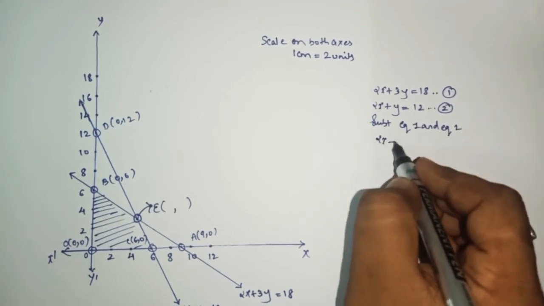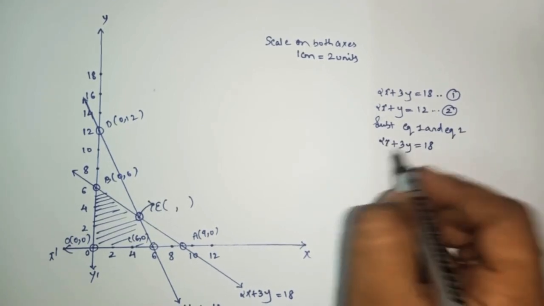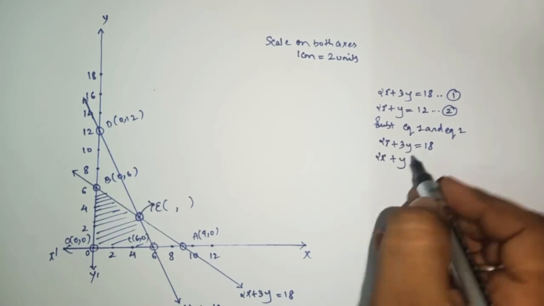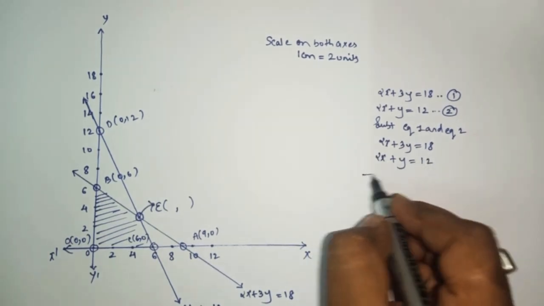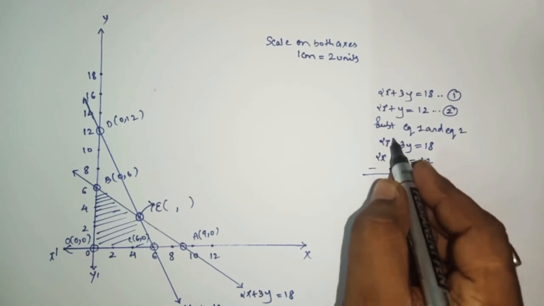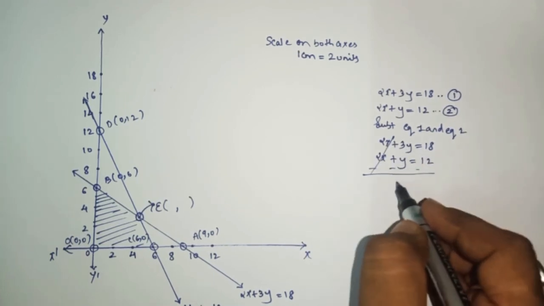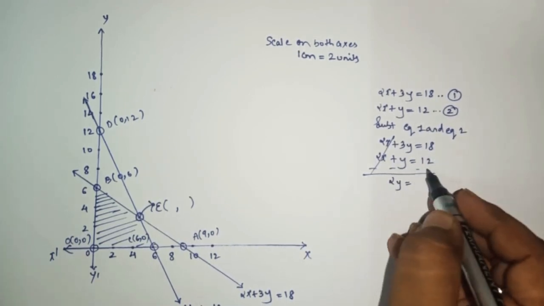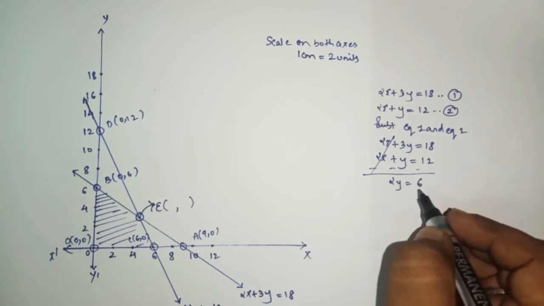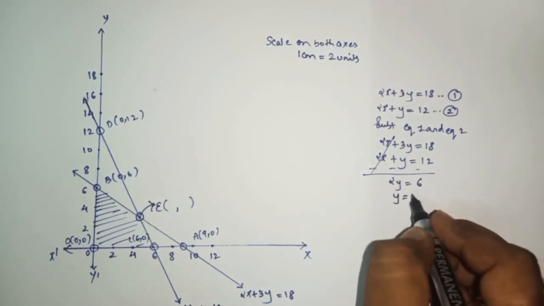So 2x plus 3y equals 18, 2x plus y equals 12, subtract, yes or no? So this will get cancelled. 3y minus y is 2y. 18 minus 12 is 6. So y will be equal to 3.